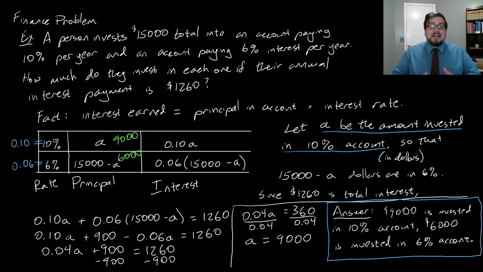And in particular, in that case, we would expect the total interest to be very, very close to the 6% where nearly all of the money is invested in, and it's not. As I say, though, that's something that's just a yellow flag saying, hey, double check, make sure things make sense. You always want to do a little bit of a check to see whether your answers make sense. And if they don't, well, that might mean that there's a problem, and so you need to go back and check.